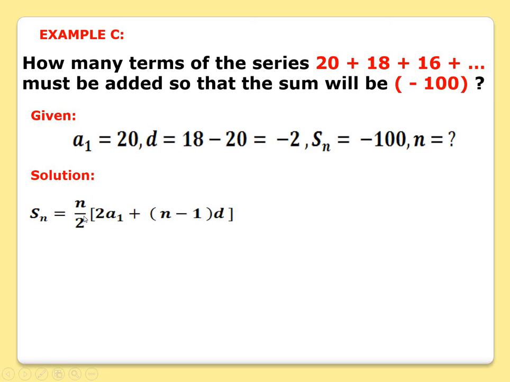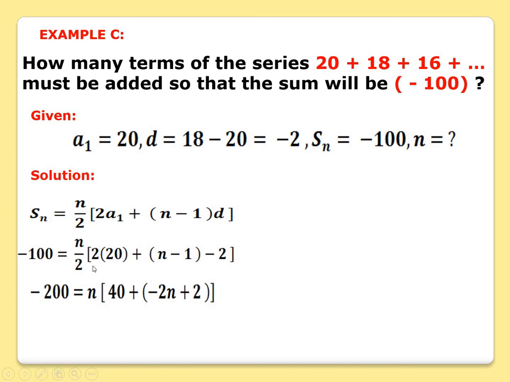S sub n is equal to n over 2 times the quantity twice the a sub 1 plus n minus 1 times d. And purely by substitution, we have negative 100 equals n over 2. We don't know the value of n yet. Then 2 times 20, which is a sub 1, n minus 1 copy, and the common difference is negative 2.